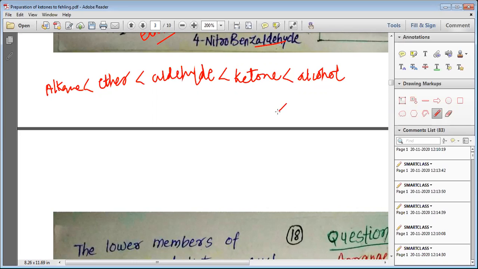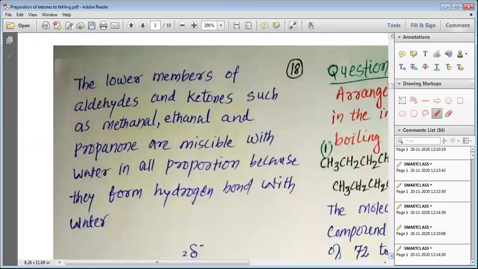In the same chapter, we will study that even compared to alcohol, carboxylic acids have a higher boiling point. So this is how we can understand the increasing order of boiling point for the various functional groups.